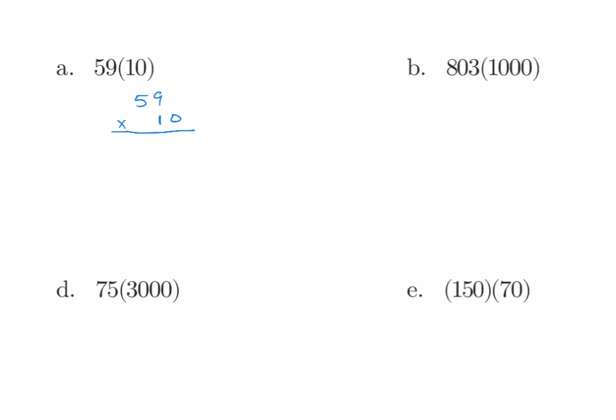If we go ahead and multiply now, 1 times 9 is 9, 1 times 5 is 5, and then I'm going to go ahead and bring down my 0 into my answer. So we get 590.